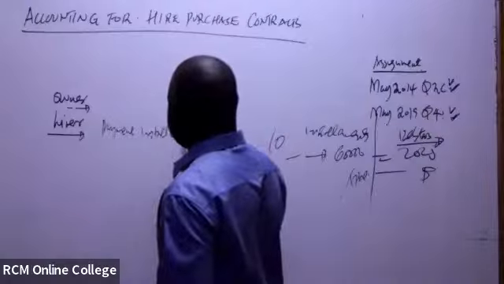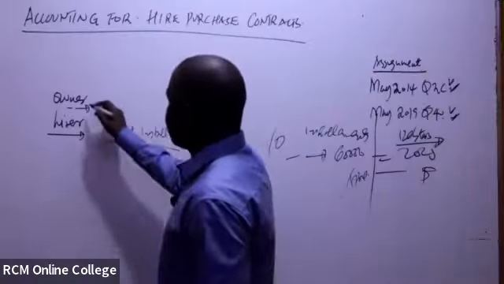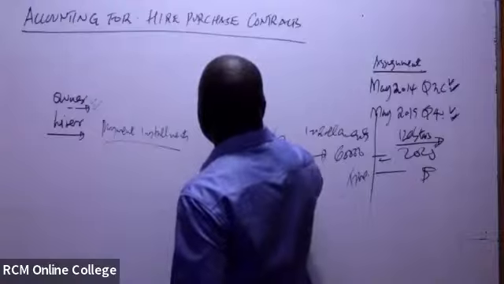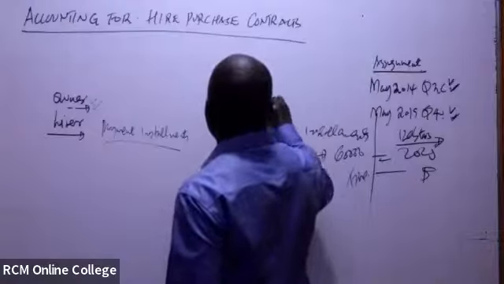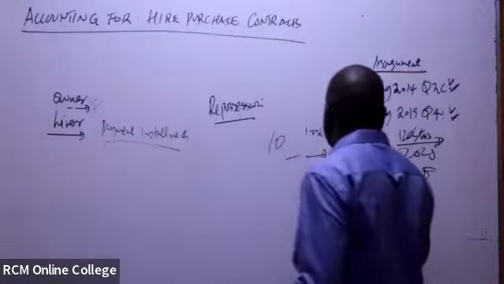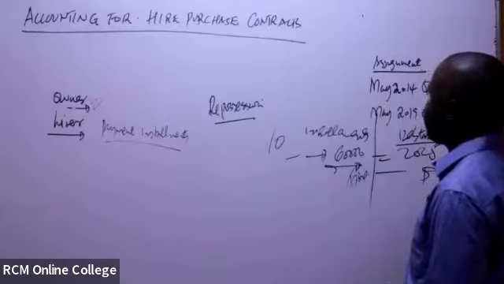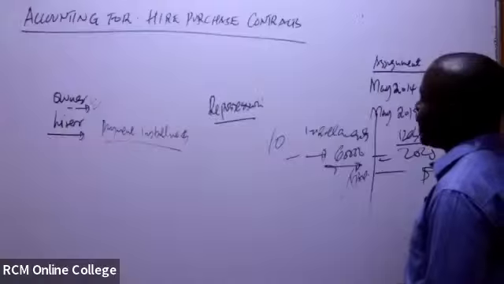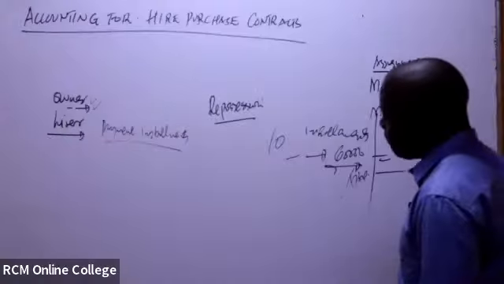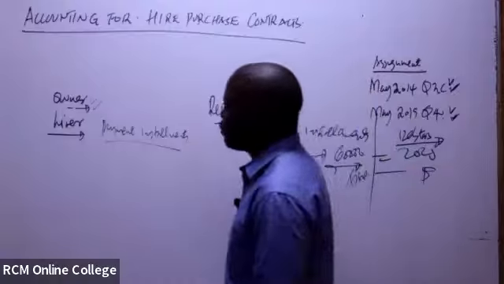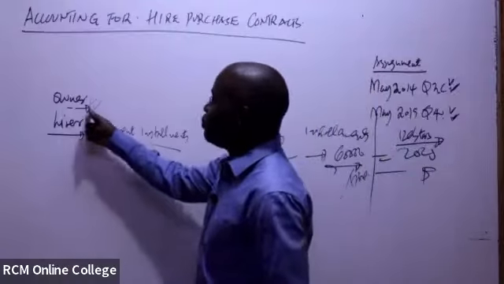If this is the case, then this owner will do what we call repossession, repossessing the goods, because this person has failed to pay the 60k. Dependent upon the agreement, he can repossess. If he has done repossession, how does he account for it in his books of accounts?